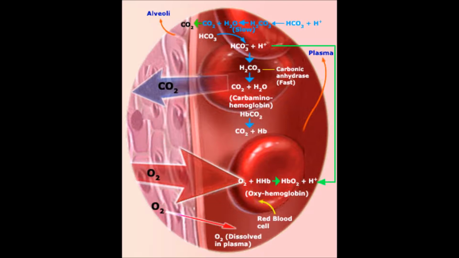Carbaminohemoglobin is going to be about 10 to 15% of all the CO2 we produce. That's how we're going to carry it there. And somewhere approximately around 5% is dissolved in the plasma.